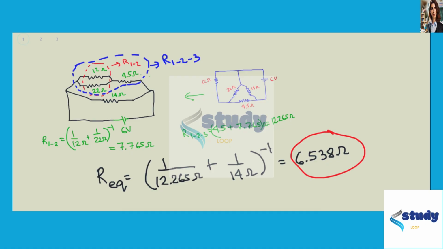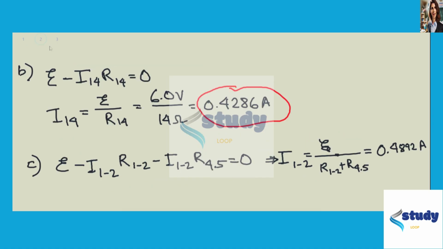So instead of writing these two separately, we're writing R12. That means this and this whole thing is in series connection, so the current flowing through the setup will be the same. That's what we did here.